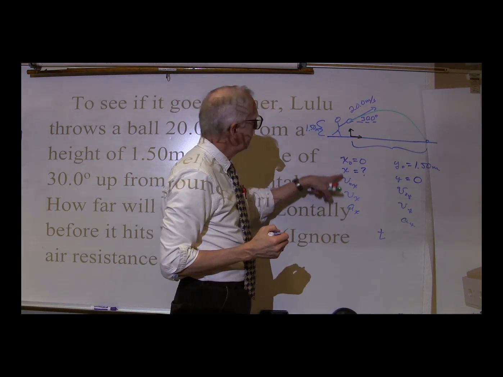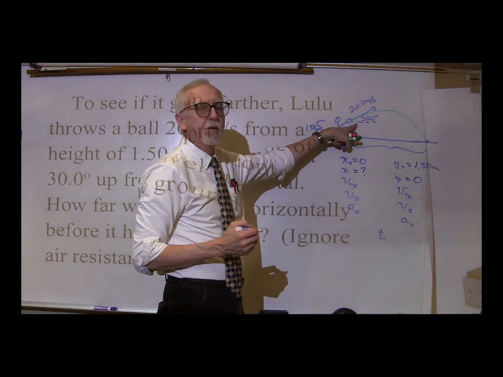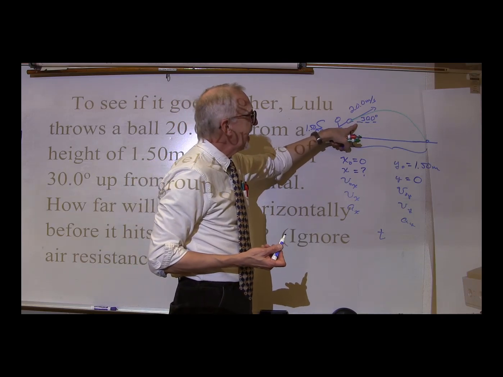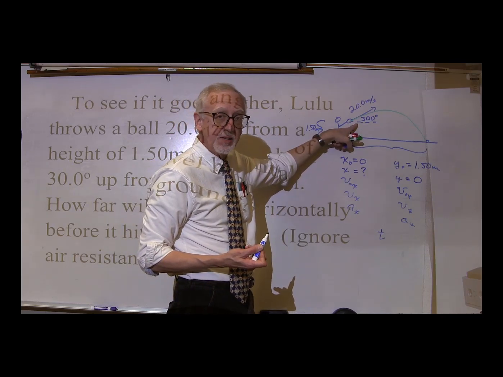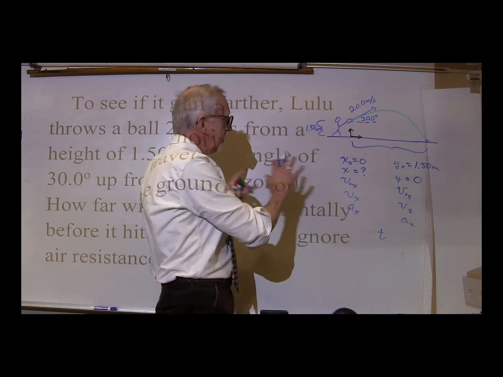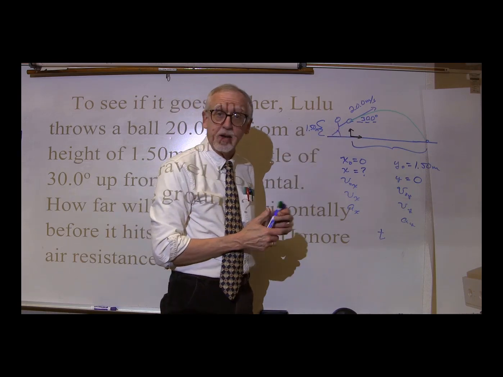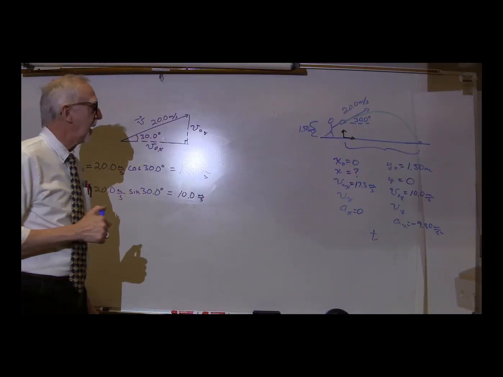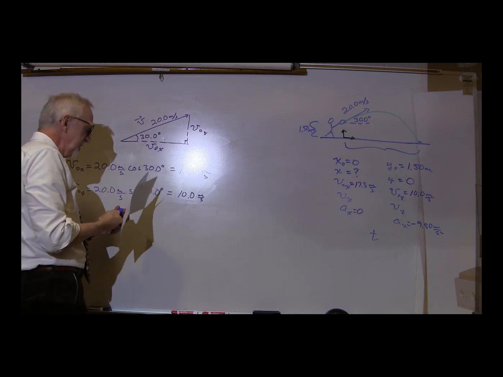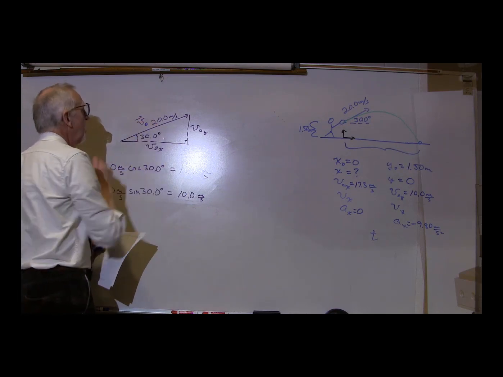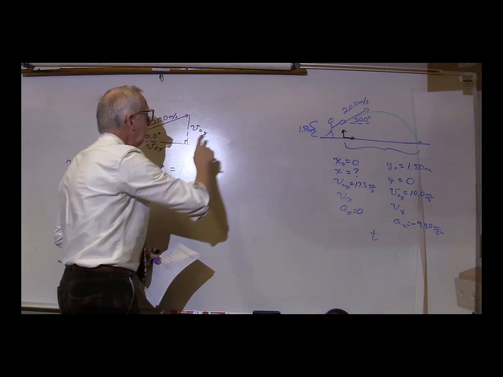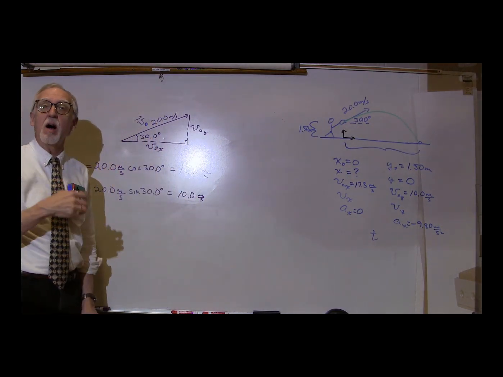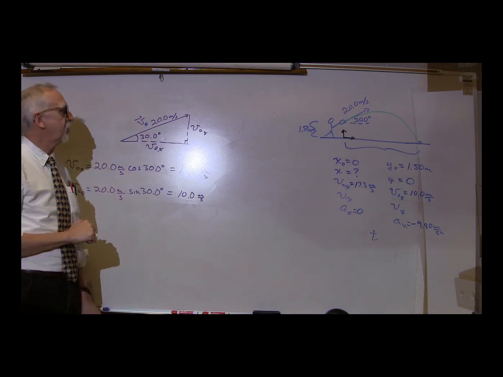v naught x, what is the initial velocity of the ball in the x direction? Well, that's the x component of the velocity. Let me move the problem and give us a little more room so that we can work on this. To find v naught x and v naught y, we know that the initial velocity, v naught, is 20 meters per second at an angle of 30 degrees. v naught x and v naught y are the x and y components of the initial velocity.